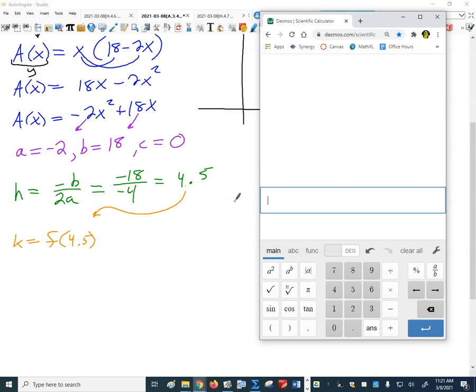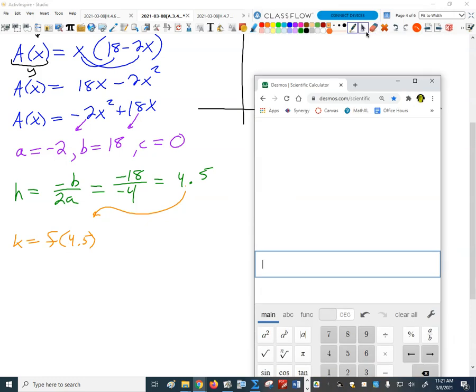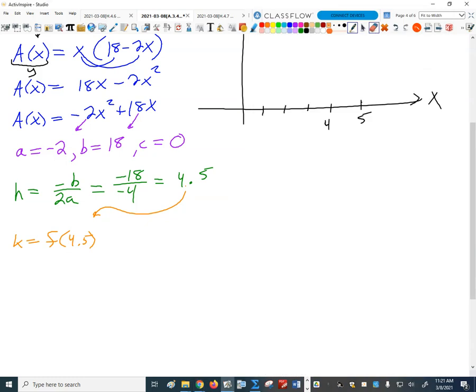So remember how we use Desmos here. I'm going to type in, and I shouldn't say F, I should say A, shouldn't I? Whoops. Not that it makes that big of a difference. But my function is A of x, not F of x, right? So let's make that one little change. So K is going to be A of H, which is 4.5, okay?